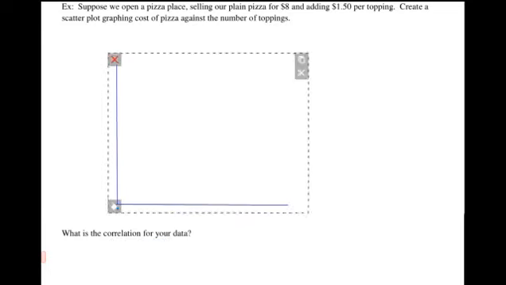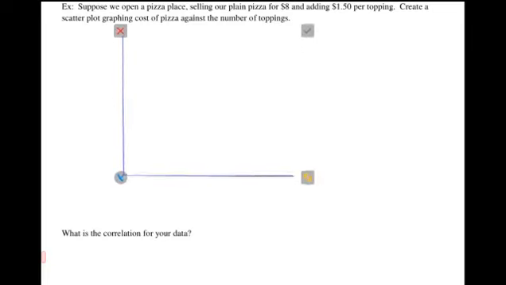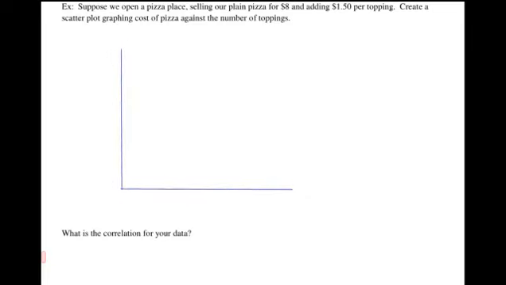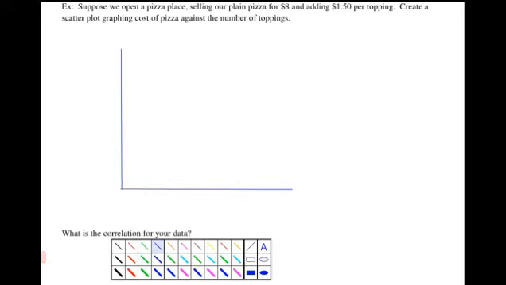So I'm going to set up an axis here. We'll put a title in, which is pizza cost by toppings.